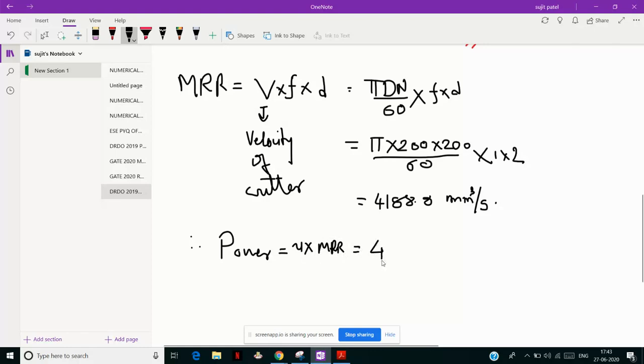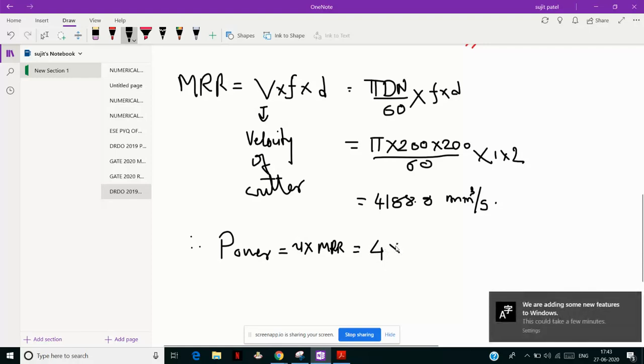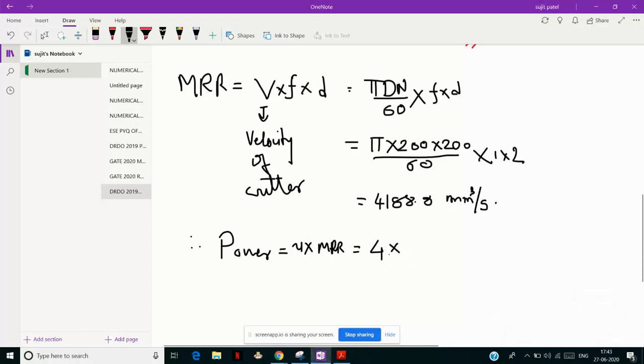Specific cutting energy is 4 watt into second per mm cube, into 4188.8. So this will come out to 16753 watt. By simplification, 16.75 kilowatt. This is the answer of power.